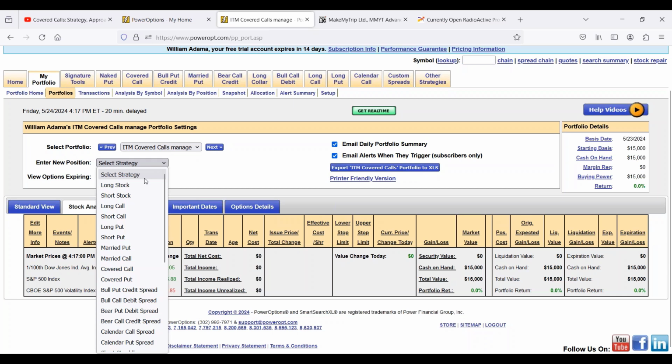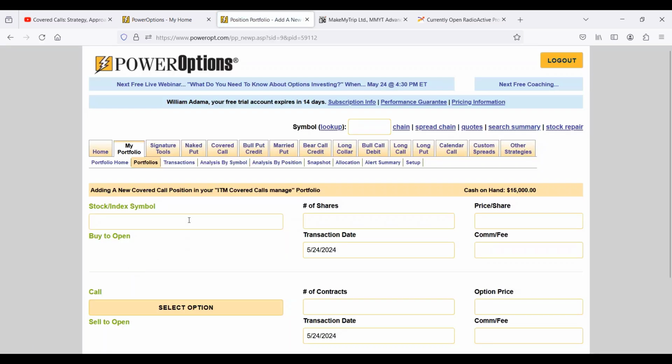Let's enter our position. Now, I don't want to enter it as a long stock and then enter a separate short call. The portfolio won't link those together automatically. So what I want to do is enter it as a linked covered call position. Yesterday, we're going to enter shares of MMYT. We'll just do a simple 100 to keep the math simple.